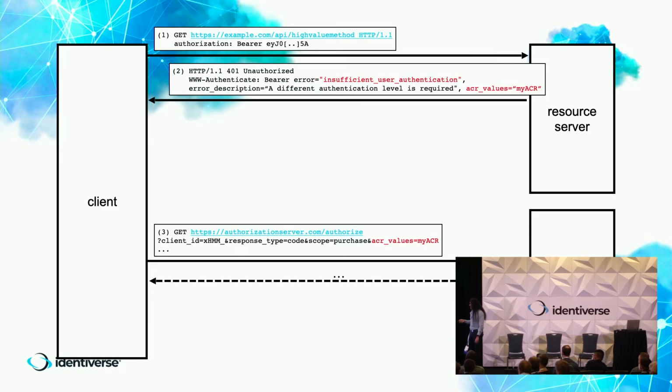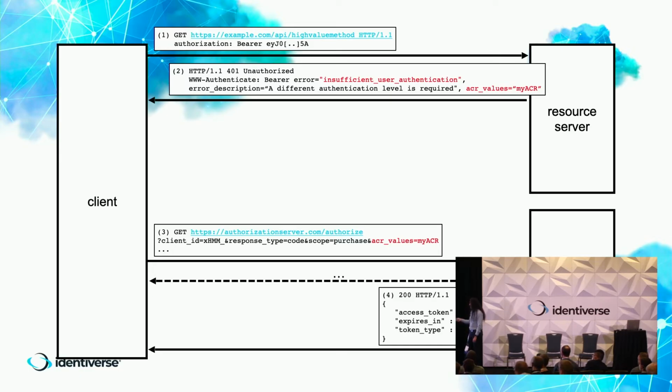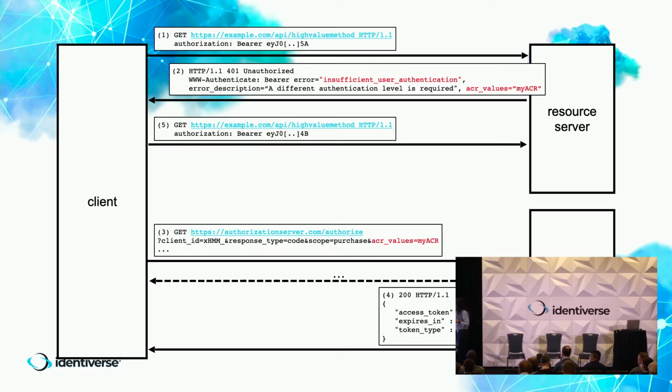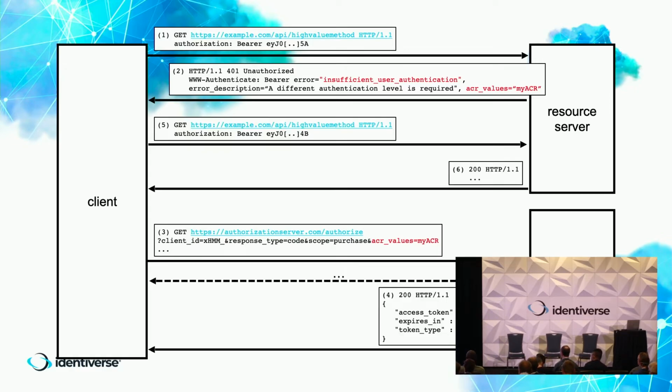And eventually, I get back my token, which is the same token as before, but now it also says my ACR. Because the assumption here is that stuff happened means that the authorization server actually used whatever experience, whatever prompt authentication level is associated to that level, to authenticate the user. And then at this point, we repeat our call, and happy ending, we get it to 100.